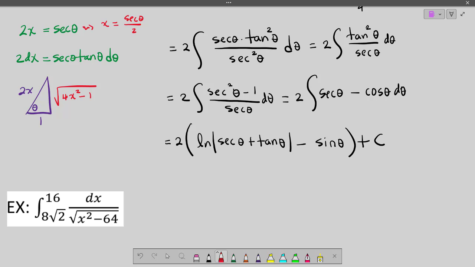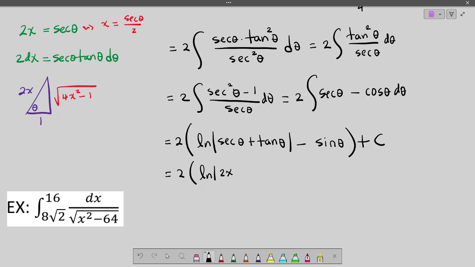Now we should be able to replace all these trig functions with some functions of x. All right, so we have natural log, absolute value, secant of theta, that's an easy one, that's 2x. So secant of theta, hypotenuse over adjacent, 2x.